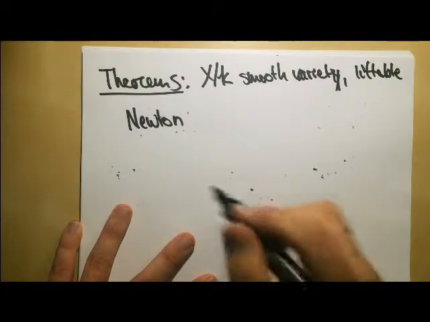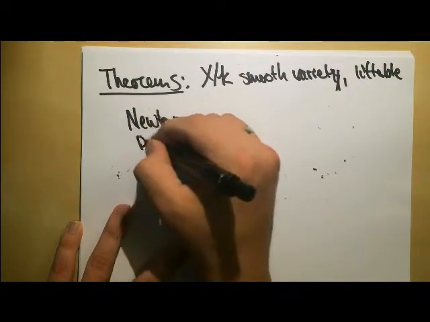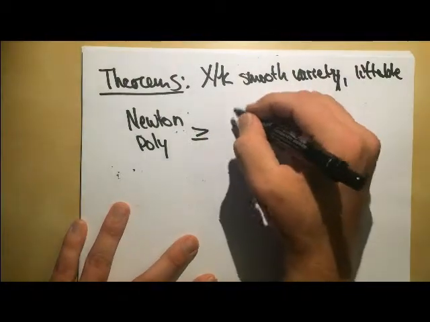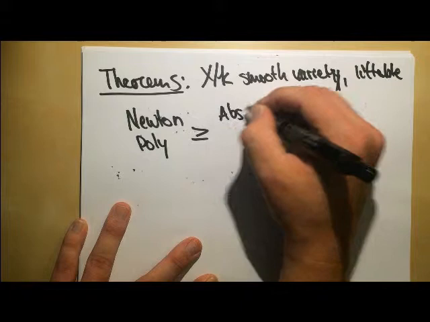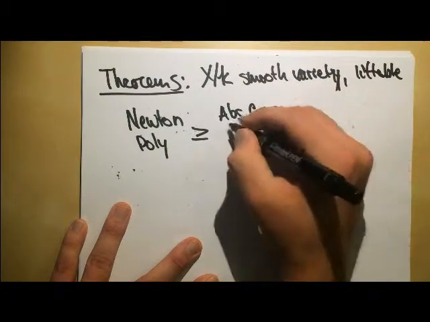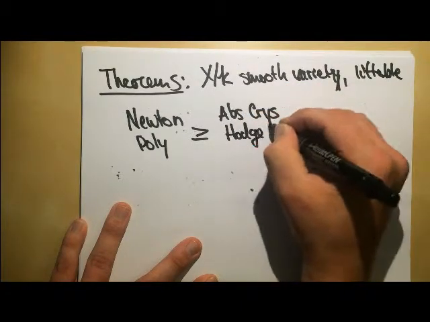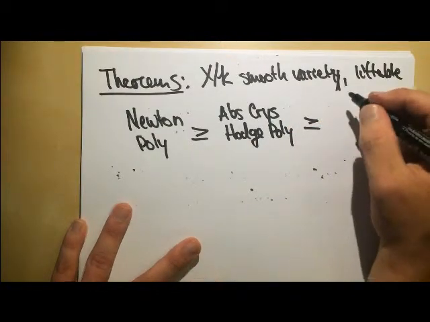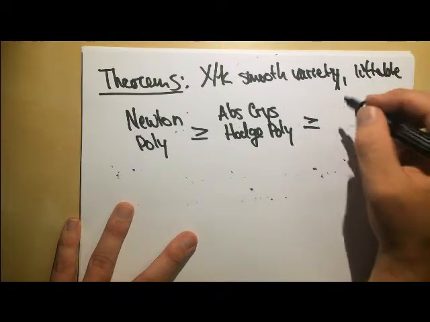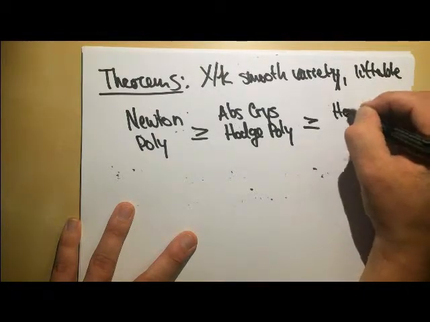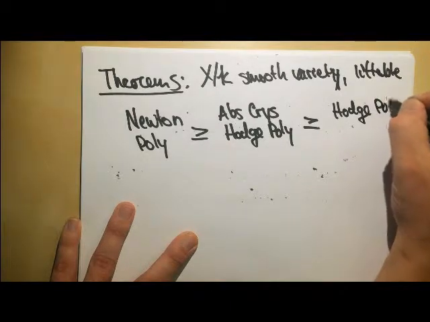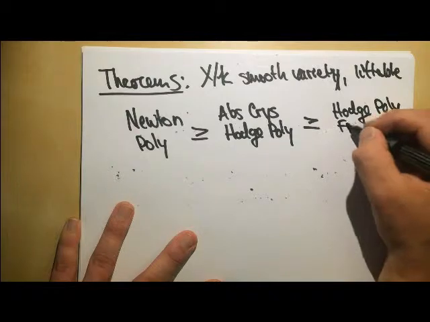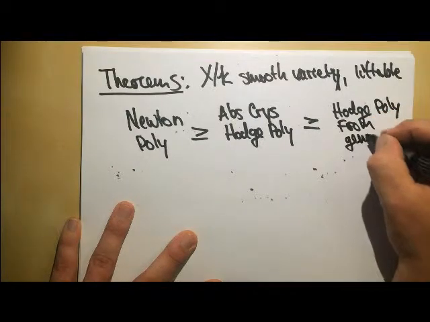And what it says is that the Newton polygon will be bigger than the abstract crystalline Hodge polygon, which is bigger than the actual Hodge polygon from the genuine Hodge numbers.